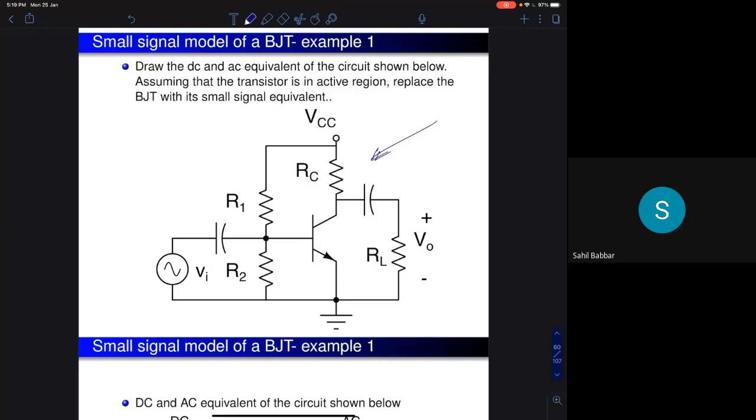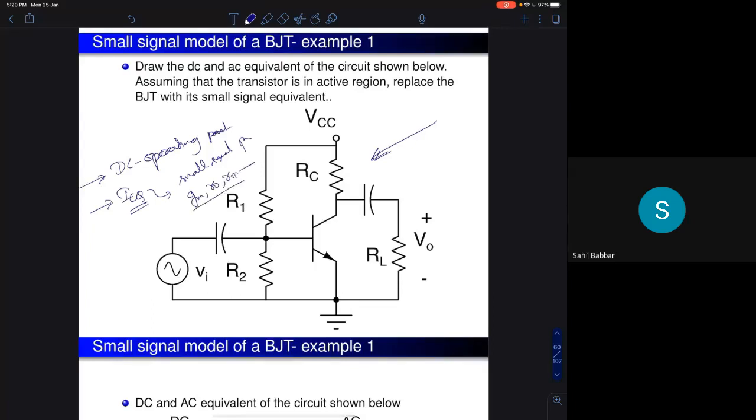So the first step is to find the DC operating point. After finding it, you will know the quiescent collector current, and once you know that, you will know the small signal parameters: gm, r0, r pi.